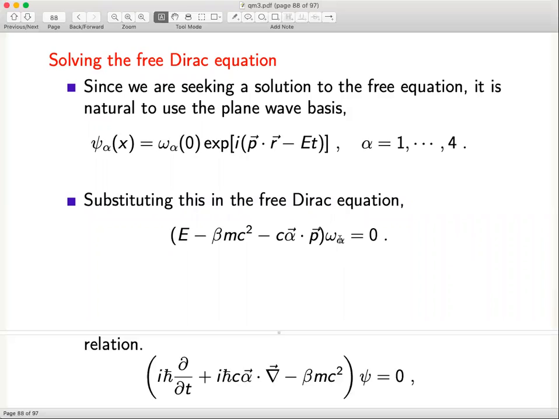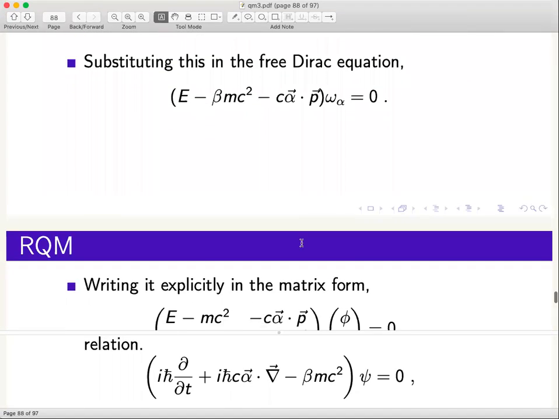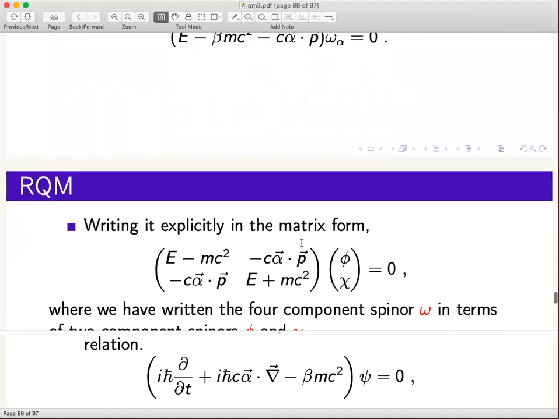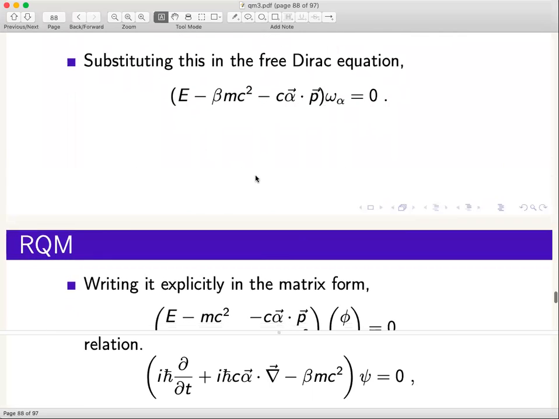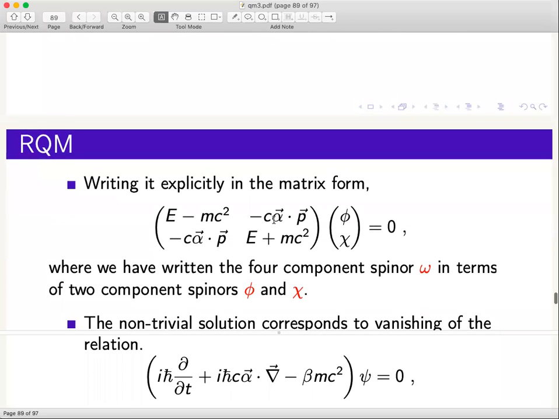Trivial solution is, of course, to say that omega alpha itself is 0. Non-trivial solution is to set this quantity to 0. Now, of course, if you set this quantity to 0, it is the original dispersion relation that you have. But that's not what we want to do. What we will do is we'll write that expression explicitly, and it will look like this.